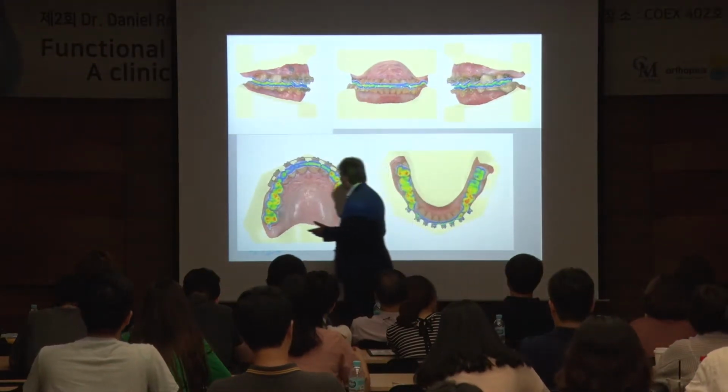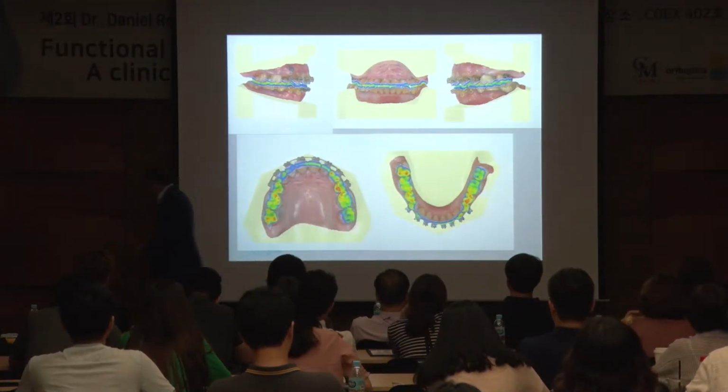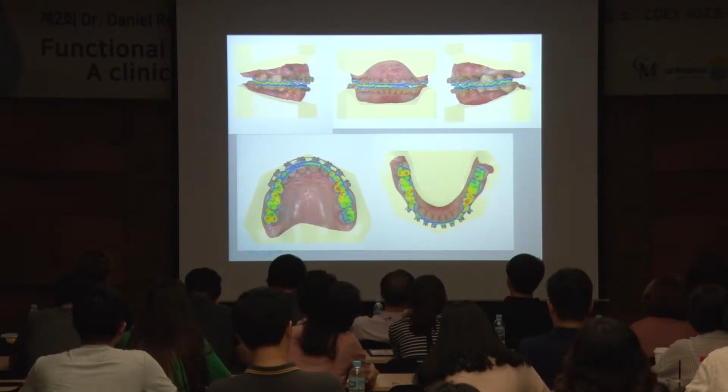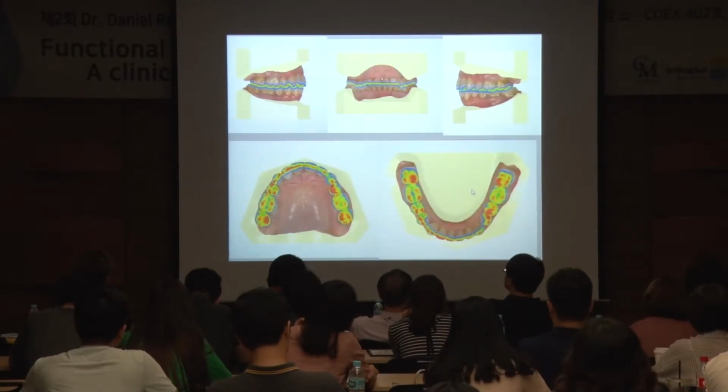You can see the occlusal view with the T-shape. You can do that before, after the fixed treatment, and the occlusion becomes even on the posterior teeth.